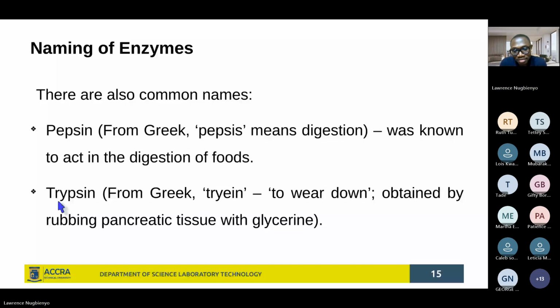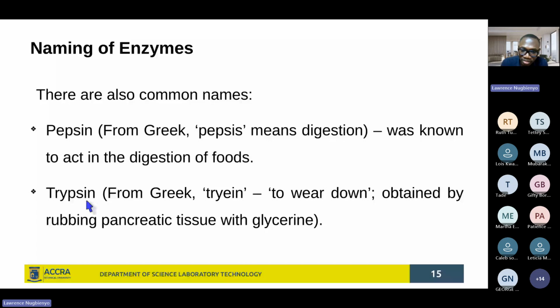And this name came also from the Greek word tryne. And this is because it's also one of those first enzymes that was extracted from pancreatic tissue. The process of the extraction of it was by just rubbing glycerol on pancreatic tissue to extract the protein into glycerol.